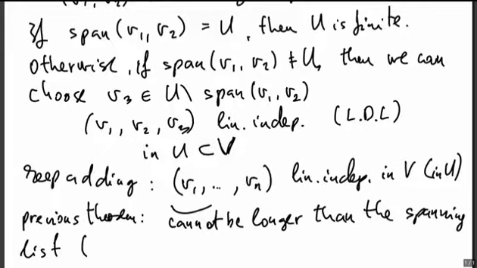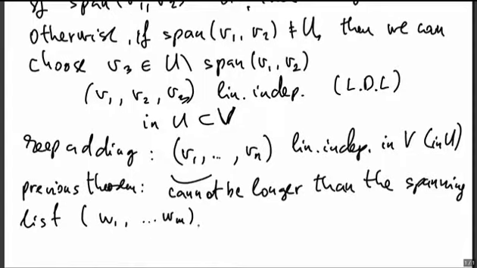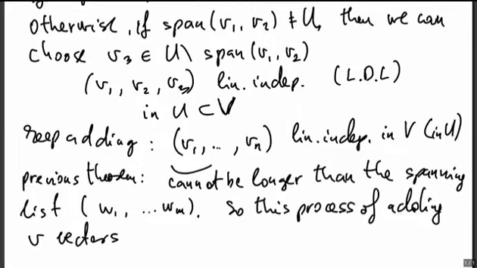And the spanning list was W1 through Wm, which means the process of adding vectors must stop at some n less than or equal to m.